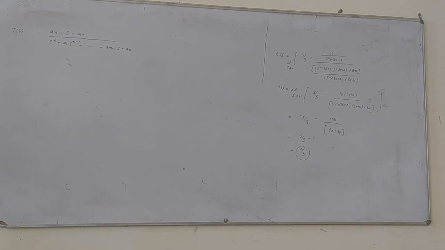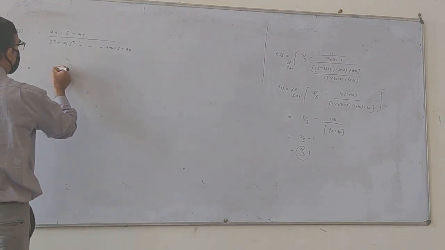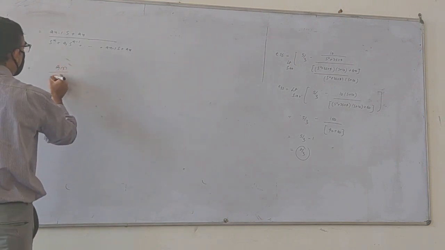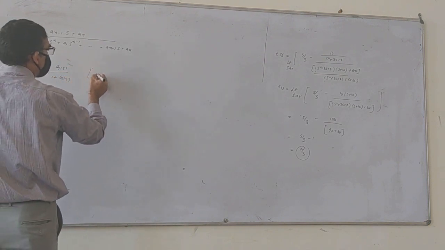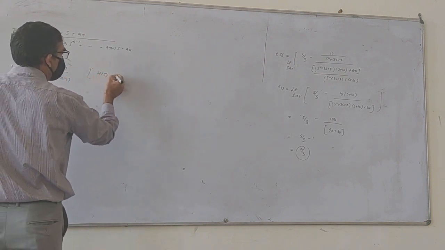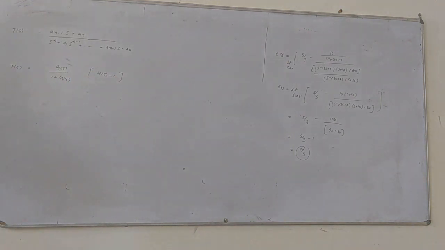Whatever you have to find, first you have to find the open loop transfer function. Requirement is to find the open loop transfer function. That means I have to put it in this form, because H(s) is given as 1. Negative unity feedback loop.